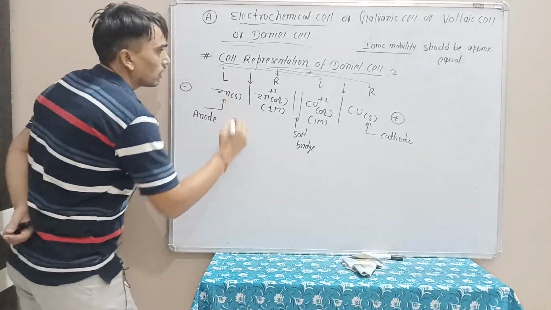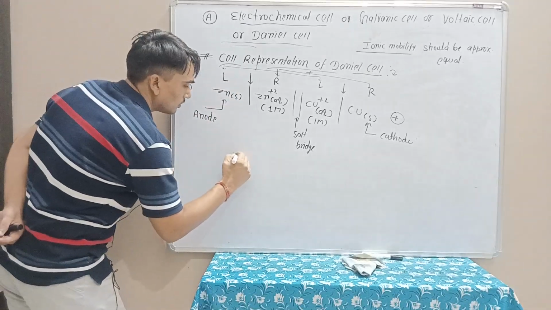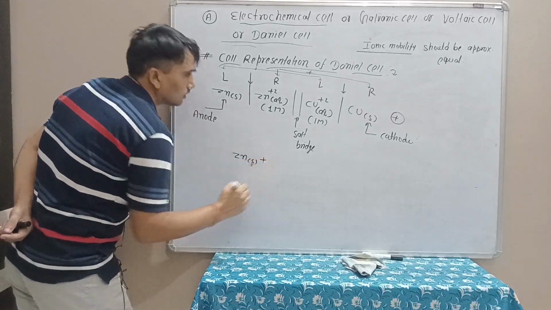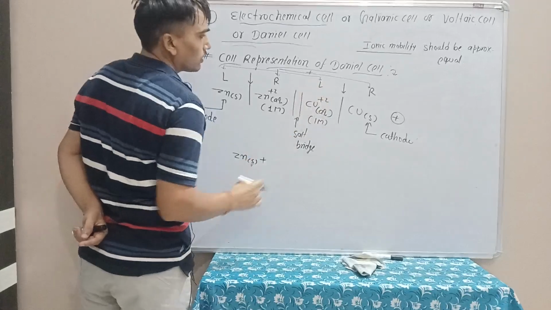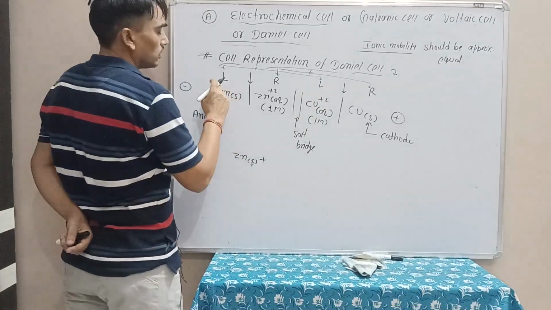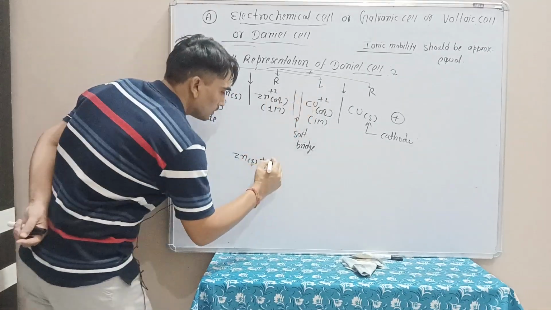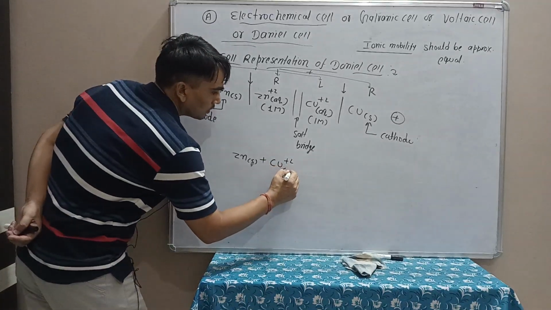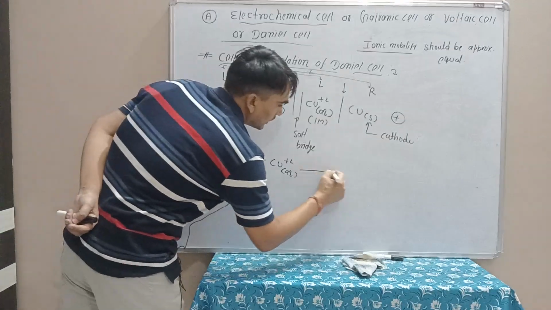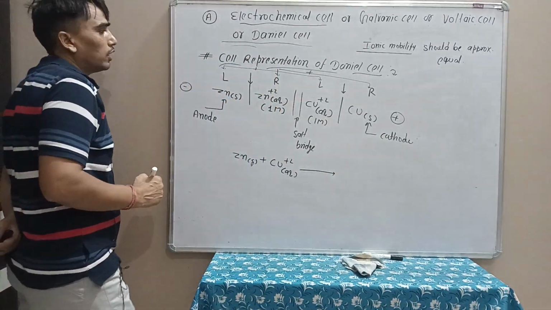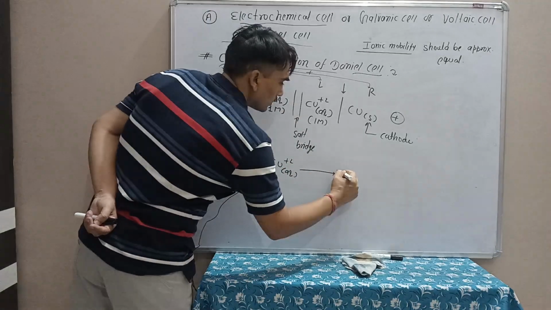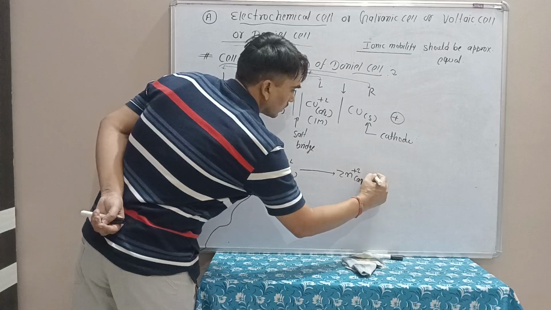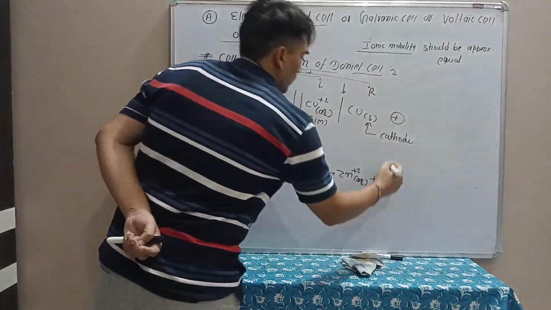Let's see. Left, this left, this left. These are reactants and products, right, and this right.